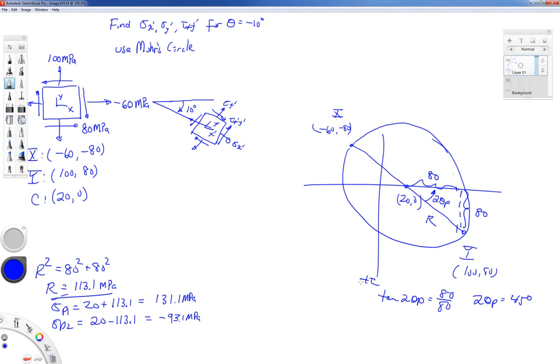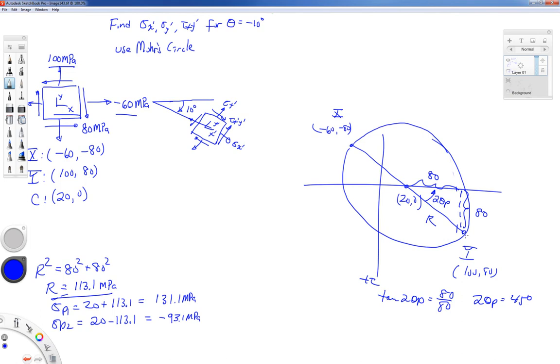Now, to find the stress components at 10 degrees clockwise from where we started, we need to understand that every diameter of Mohr circle represents some rotated state of stress. This particular state of stress that I started with, my x and y-axis state of stress, is represented by this xy diameter.